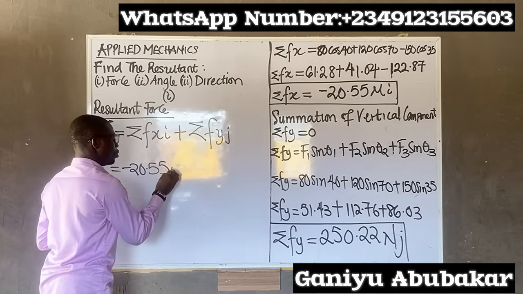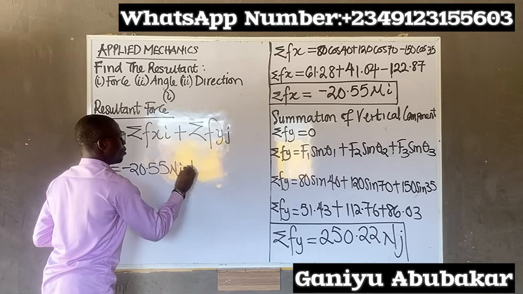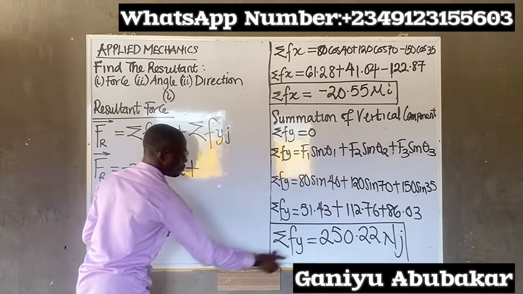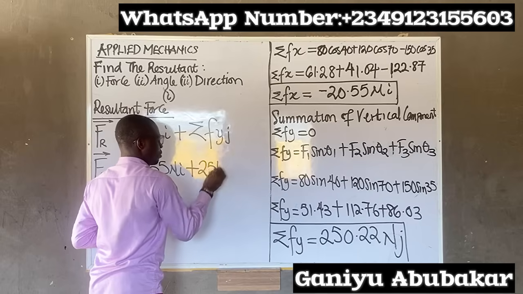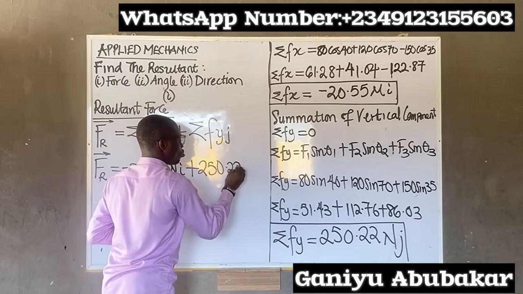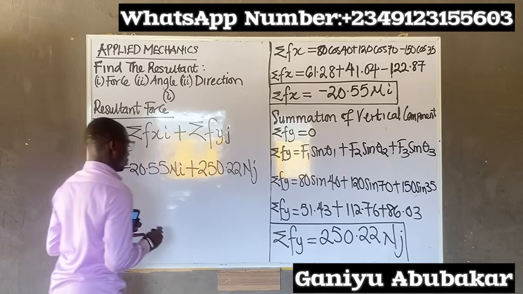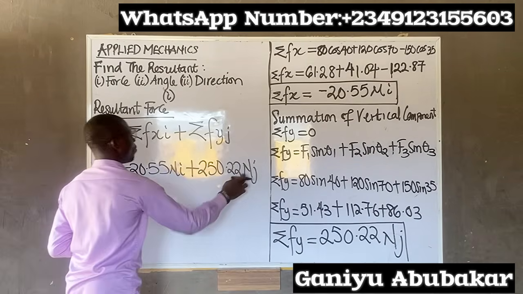Newton I plus f of y gives you 250.22 Newton J. Newton is common, bring it out.